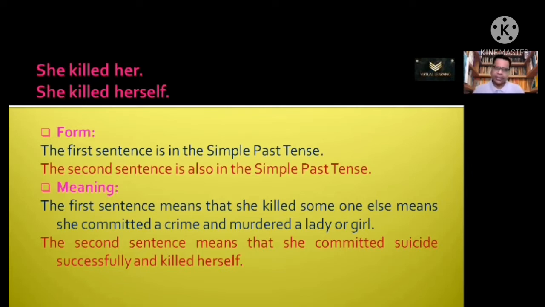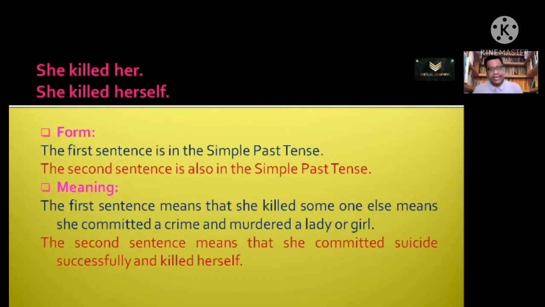Now you look at the meaning of both the sentences. In respect of the form, already I told you, both the sentences are in simple past tense, right? Now you have the meaning. The first sentence means that she killed someone else, means she committed a crime and murdered a lady or a girl. So the first C, that is SHE, that is the subject of the sentence. She committed a crime.